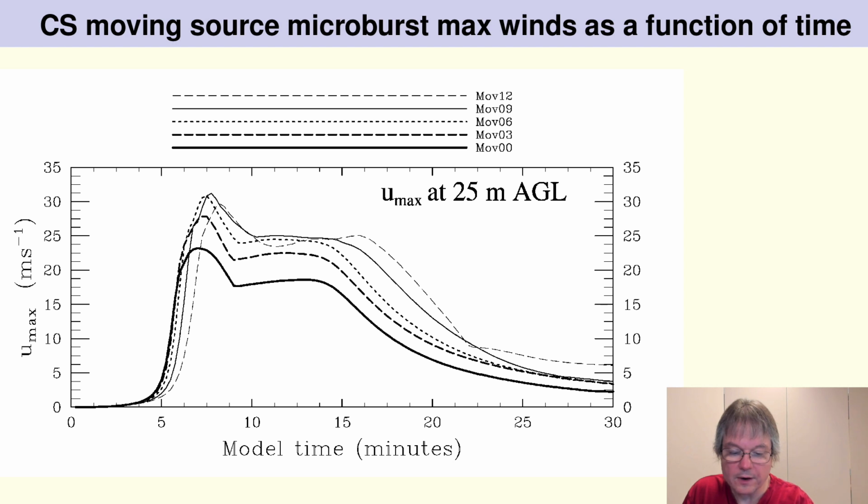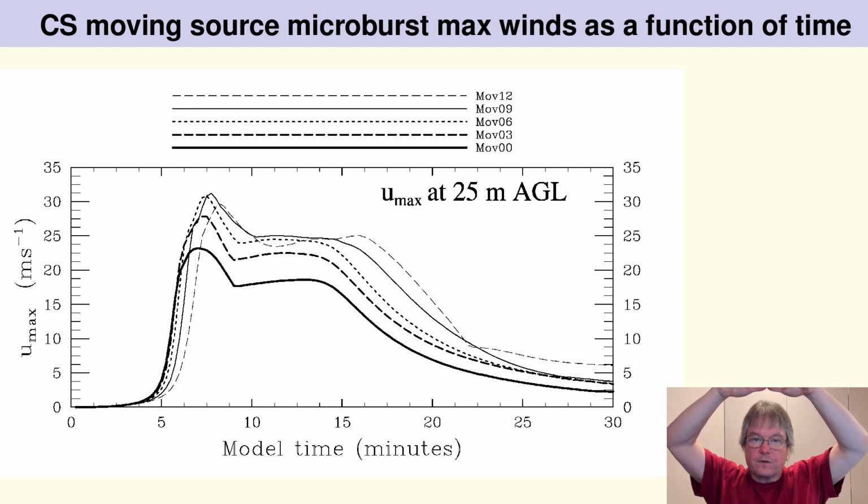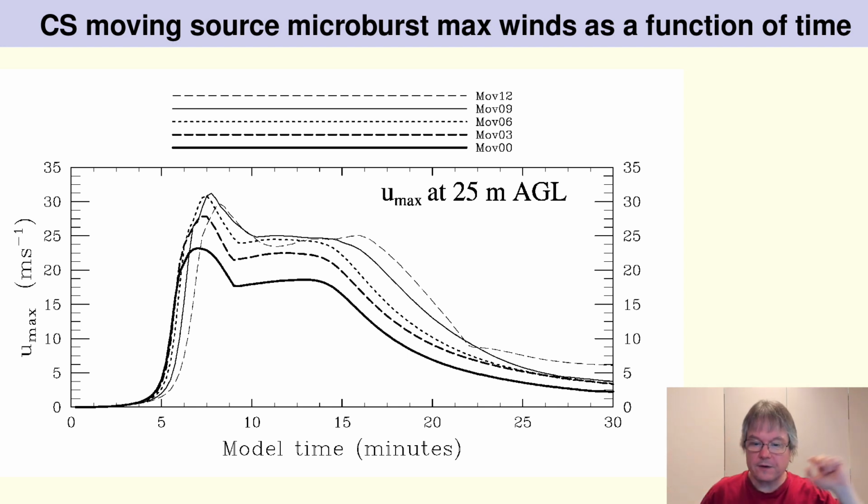Looking at the move 0,0 case, that's the thick black line, that is your downburst that's axisymmetric because there's no wind shear, there's no winds, period, in the environment. So everything is perfectly axisymmetric, and you get a maximum outflow of approximately 23 meters per second that peaks around 6 minutes or so.